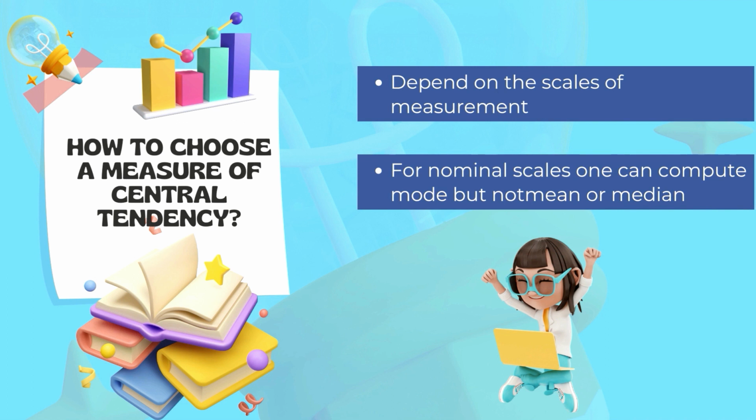If you have to see how many people belong to a certain category, the nominal scale can only be explained with the help of frequency. On the basis of this frequency, we can only calculate mode, neither mean nor median, because we can't arrange nominal data into ascending or descending order.